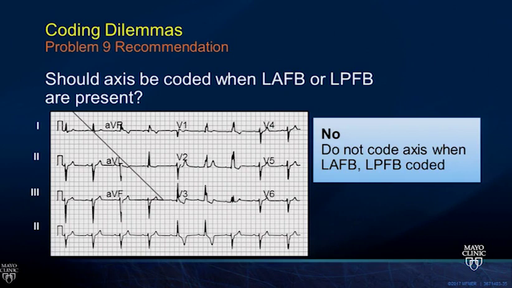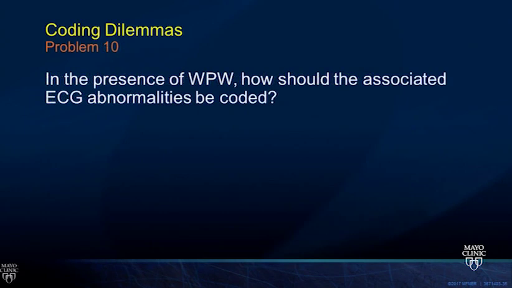The fact that you can see the axis is abnormal, you're doing well, okay? And I think you're going to get the points for that. And if you're so good that you say, well, I know this is left anterior fascicular block, great. You might get one more point than the person next to you that doesn't know that. But I've seen people waste a lot of time on these kinds of things, and in the grand scheme of things, it is not a big deal. So try to avoid that if you can.